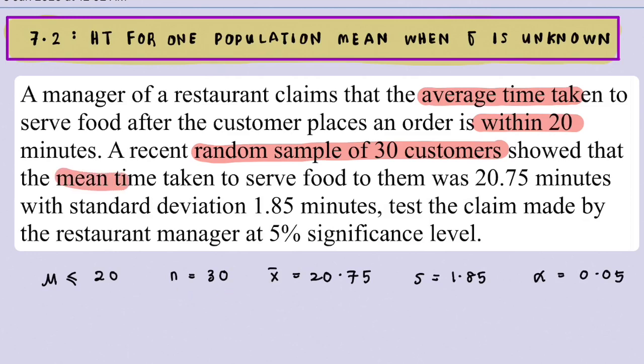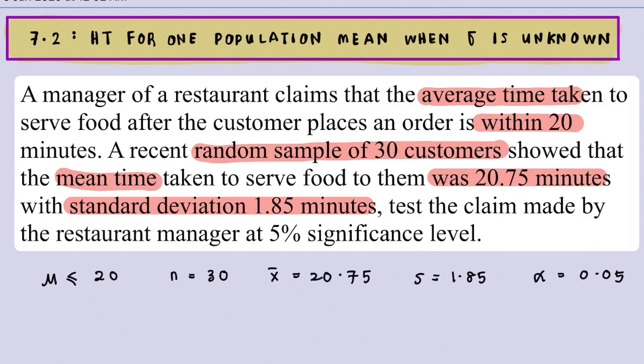The mean time was 20.75 minutes. This is your average from the sample of 30, which is X bar equivalent to 20.75. And also the standard deviation given is from the sample of 30. So this one will be your S value equal to 1.85.